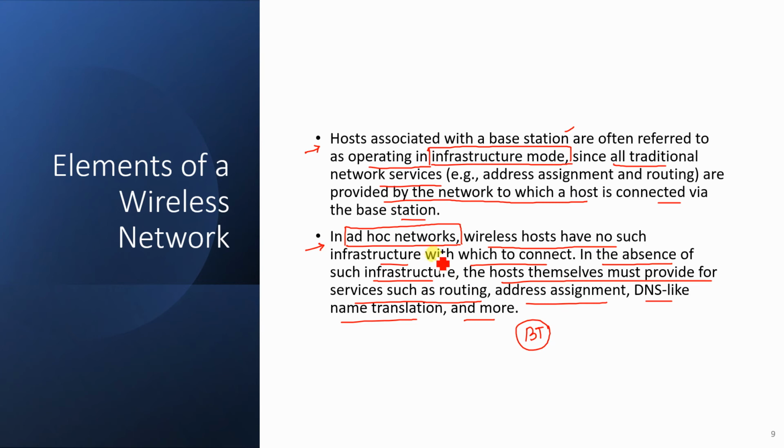Your device is connected with another device, and you don't require any infrastructure for that. Your device might be acting as a sender or as a receiver at that moment. If several devices connect through Bluetooth, that also forms a network, and at that time you don't require any infrastructure. So these are the two terms associated with wireless networks.